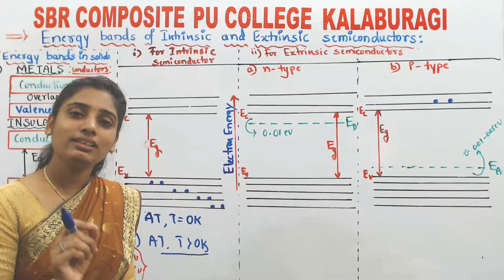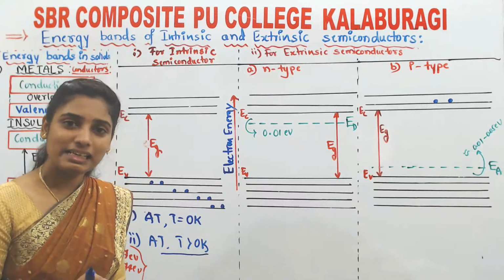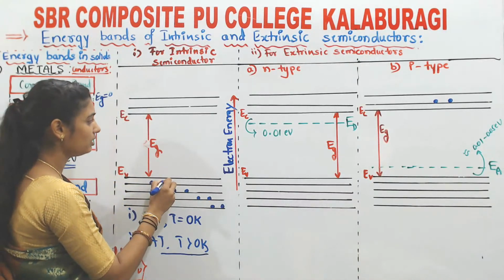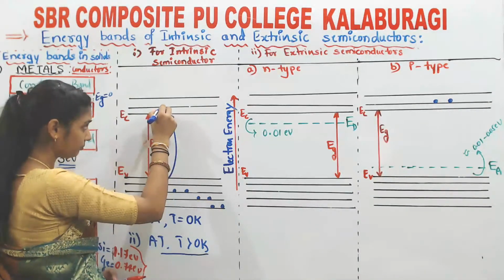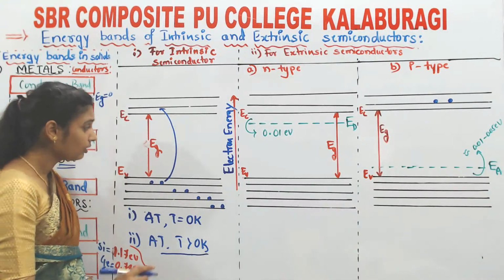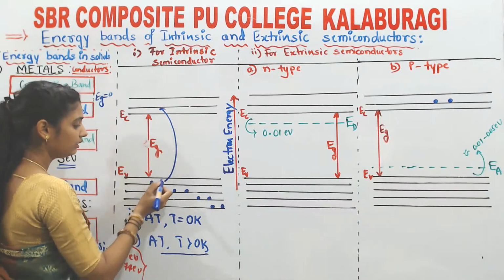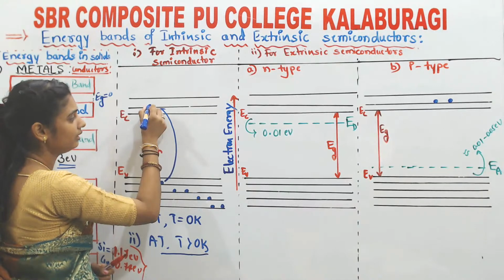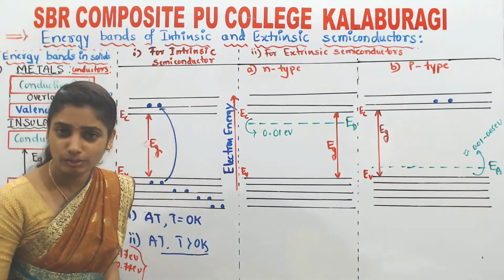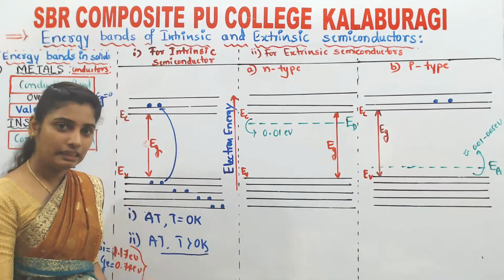When they get excitation energy, they jump to the conduction band easily. If I take these two electrons in the conduction band, they always try to occupy the lowest energy levels in the conduction band.